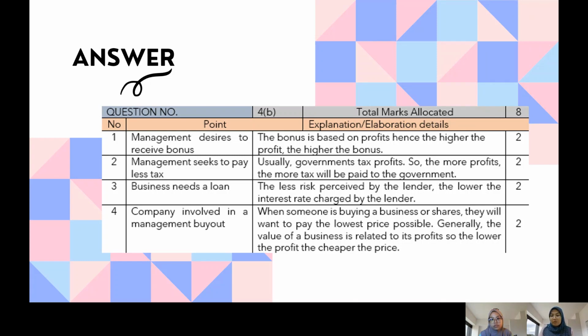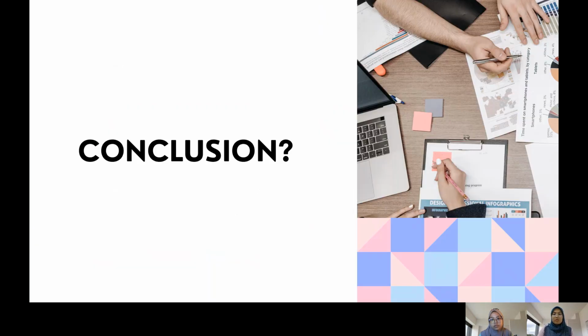So generally the value of a business is related to its profit. So the higher the profit, the higher the price, so the lower the profit, the cheaper the price. Alright, so the conclusion is, basically creative accounting is widely adopted by companies all over the world. But it does not say that creative accounting is an unethical practice. But it can become unethical when the company is too eager to hide revenues, too eager to look better, to compete with its competitors. That is where creative accounting can become not good.